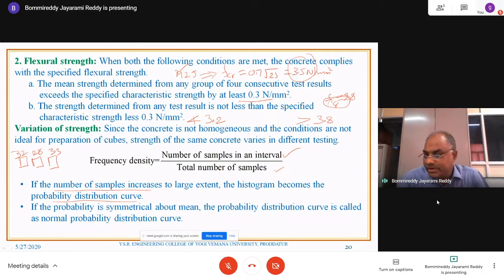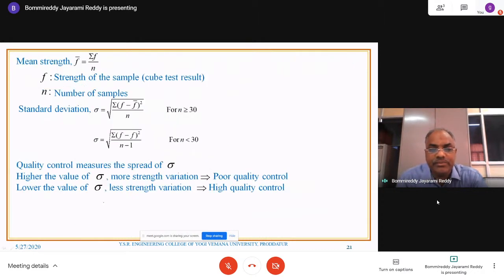So the probability distribution curves will be obtained when a large number of samples are tested. When a large number of samples are tested, you can find out the histogram. Histogram is nothing but it will be something like this.